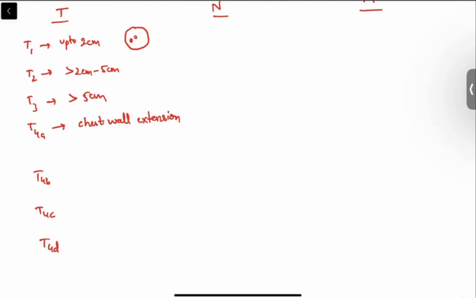What we need to remember is the chest wall includes ribs, intercostal muscles and serratus anterior. Pectoralis major and pectoralis minor are not a part of the chest wall. So if the tumor has spread to pectoralis major or pectoralis minor, it doesn't come under T4A. If it involves the chest wall, mainly ribs, intercostal muscles and serratus anterior, only then it is classified as T4A.